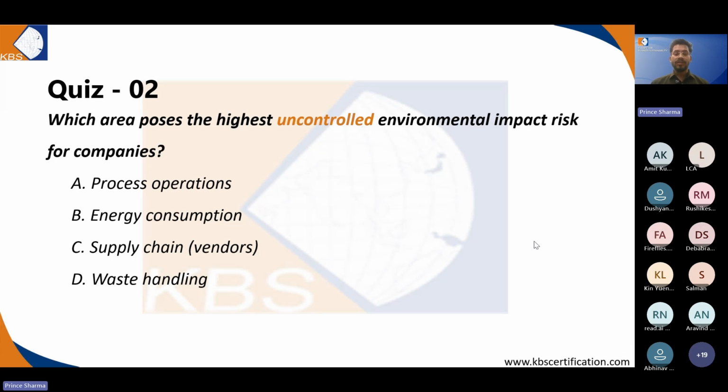One very important thing is you cannot say that this is the one heavy point where it is damaging the organization or the industries. So coming to the last, waste handling.